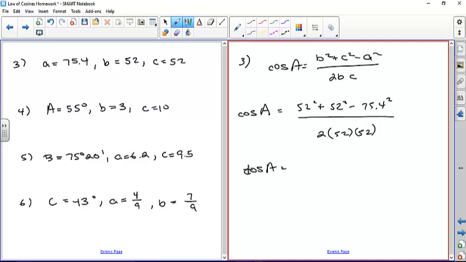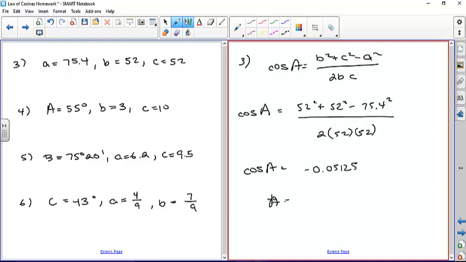So let's see, we get 52 squared plus 52 squared minus 75.4 squared, and it's negative 277.16 divided by 2 divided by 52 divided by 52. And I get negative 0.05125.